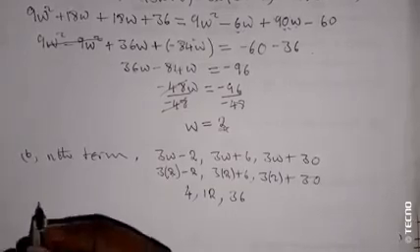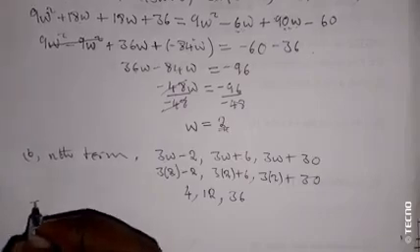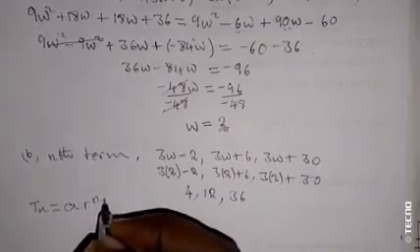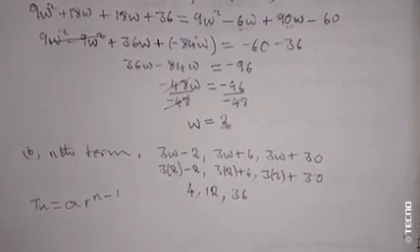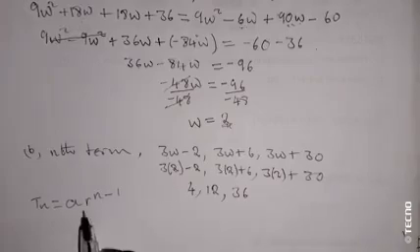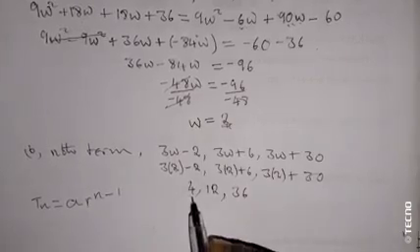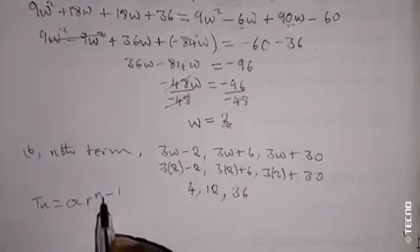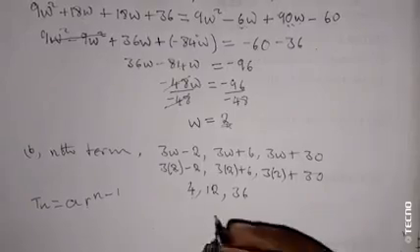Remember, to find the nth term, the formula is Tn is equal to A R to the power n minus 1. So this is the formula. Now here we can find the R, and the first term here is 4. What we don't have is n.